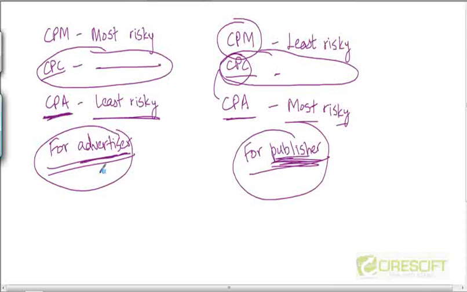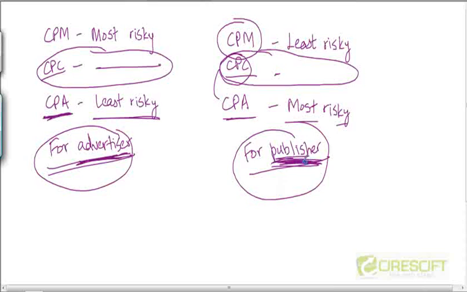So it's in the advertiser's hands to ensure that as far as possible the customer's interest gets converted into some kind of transaction. You can see that this CPC model is not just dividing the risk between the advertiser and publisher, but the type of risk that each has to take can be minimized by each party by controlling the factors that are responsible for that risk.